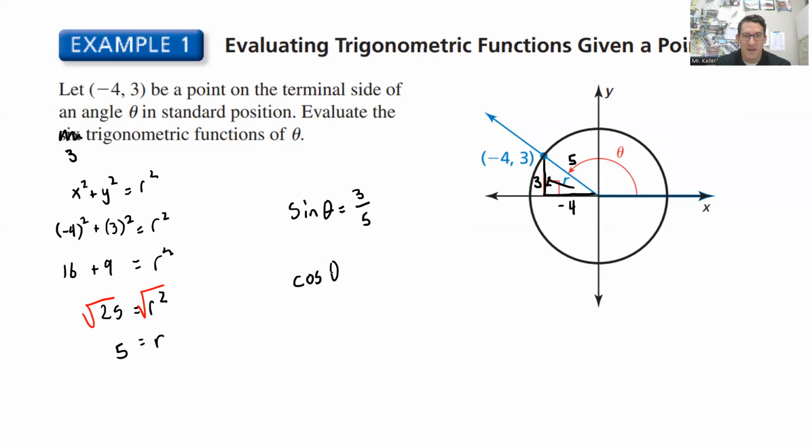Cosine of theta is always going to be x, or the adjacent over the radius, and the tangent is going to be opposite over adjacent. Notice how we have negatives. We're going to be dealing with negatives and the trig functions. That's okay.